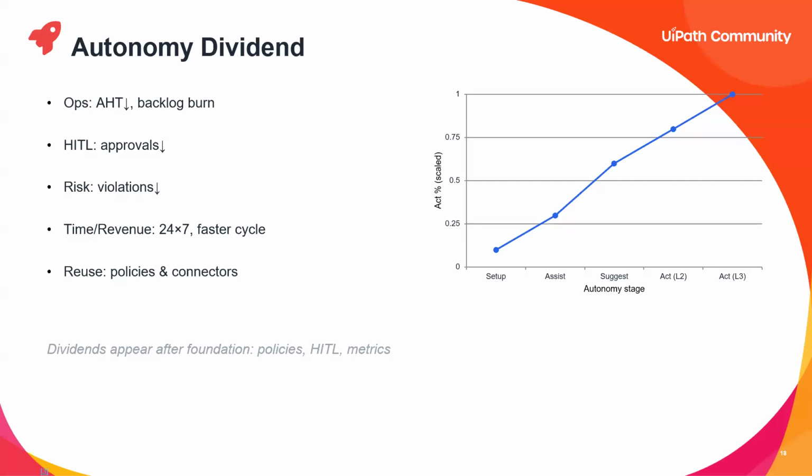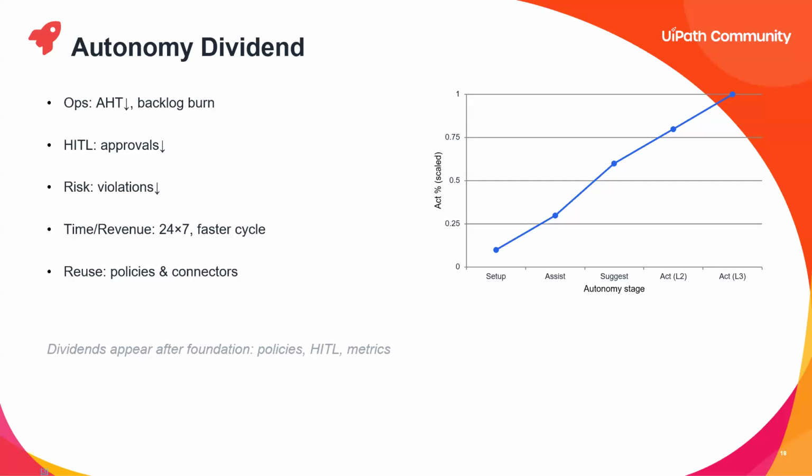Now let's think about the real payoff, which is the autonomy dividend. This is where we shift from our investment to returns. So always the business wants returns, not only the investment, but they want returns. So these are the compounding benefits as our agents become more capable and independent. So as you see from the graph, these dividends emerge once we have laid the foundation. So what do these dividends look like?